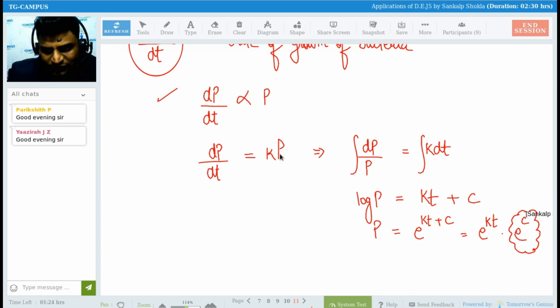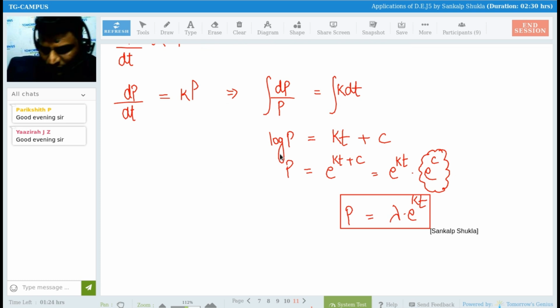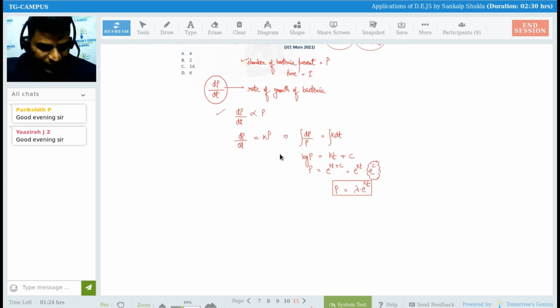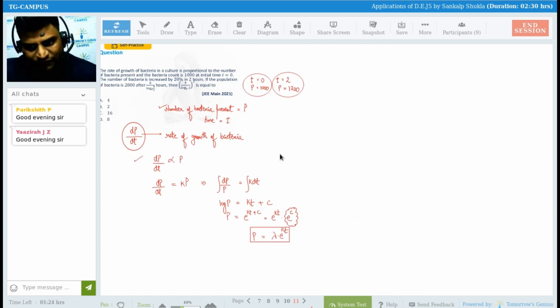Now, can I call this e raised to the power c as another constant c? Or I can call it by lambda. So lambda into e raised to the power kt is equals to p. This is my relation. See how easy it was question. Very easy question it was. We haven't reached the final answer yet, but we have formed the differential equation so quick, and we have solved the differential equation.